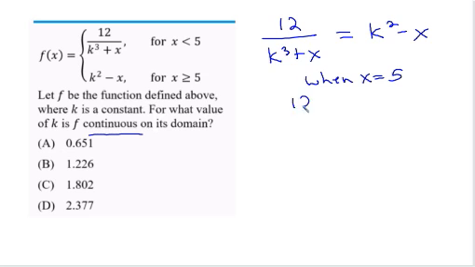They have to be. All right, so what we do now is just plug in 5 for x. So I'm going to have 12 over k cubed plus 5 equals 25 minus x. I'm sorry, I put the 5 in the wrong place there. When x equals 5, so it's going to be k squared minus 5.